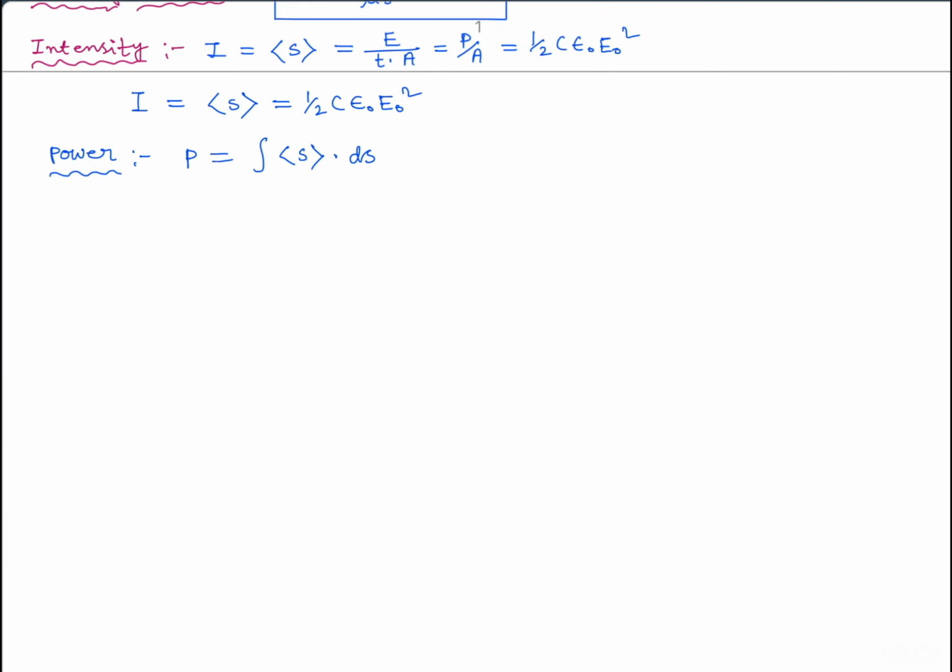Now we find the momentum density, small p, which is equal to half epsilon 0 E0 square by c.